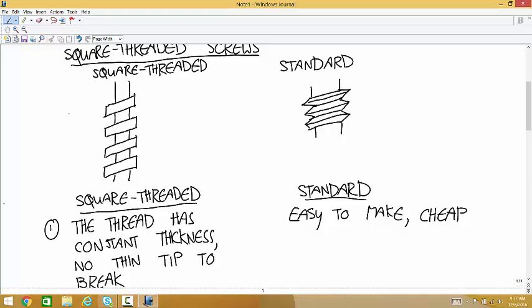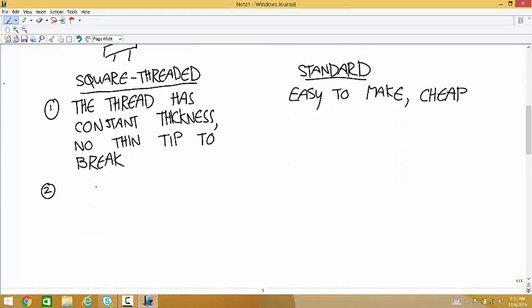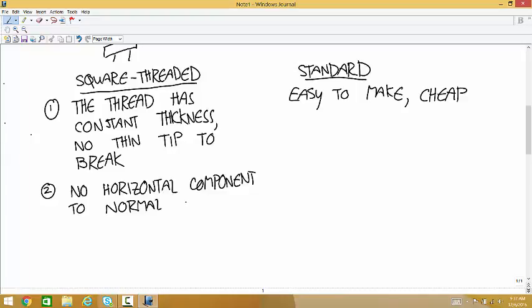If you think of the normal force applied between the screw and the base, there's no horizontal component to the normal force between the screw and the base.